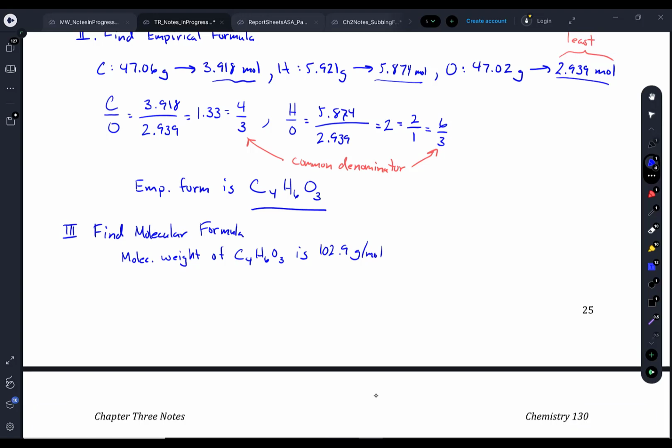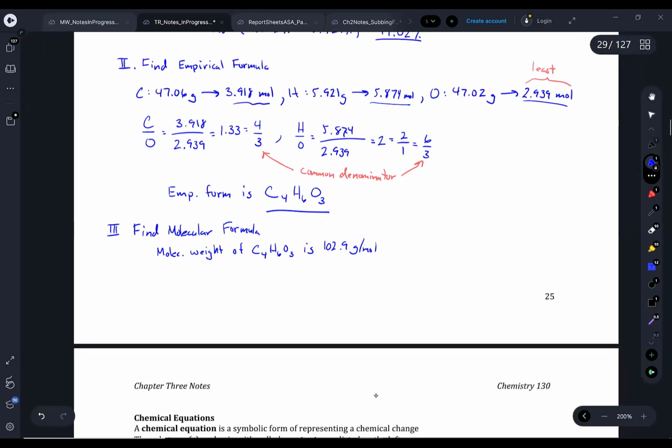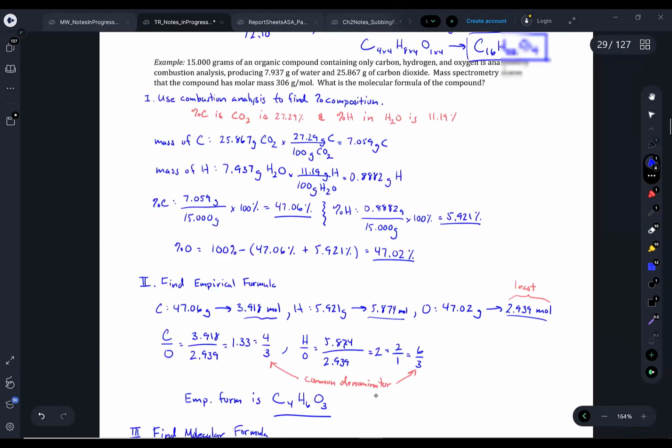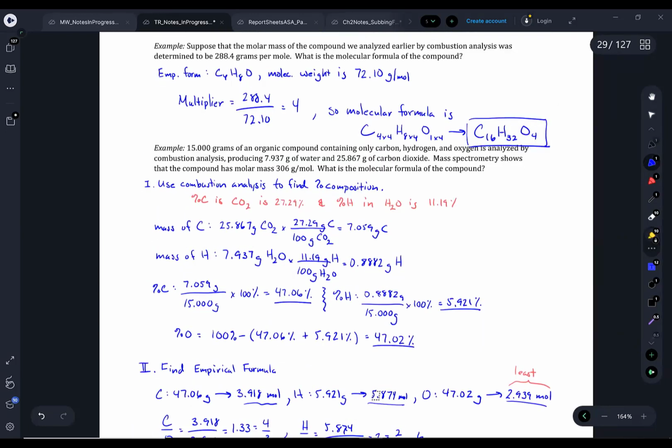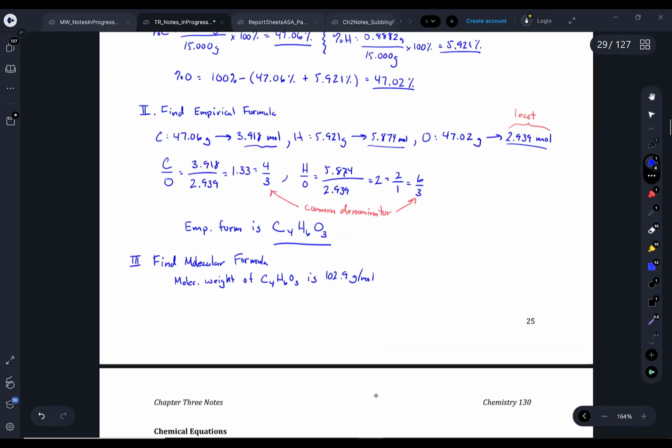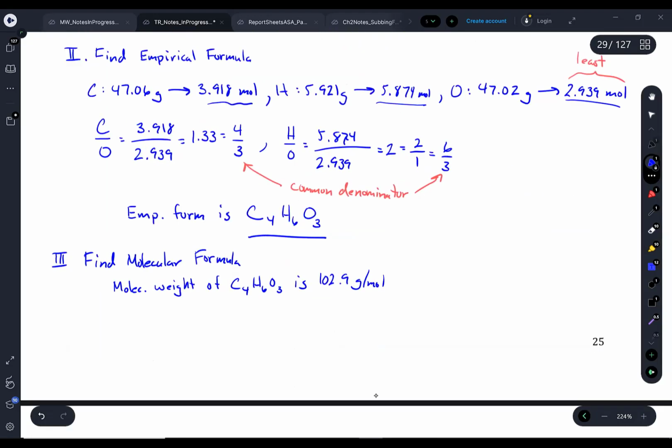And so what information were we given about the problem? We were given the mass of water, the mass of carbon, and we were given that it's 306 grams per mole. So that's the last piece of information I need. So 306 divided by 102 should be very, very close to a whole number, and it is.